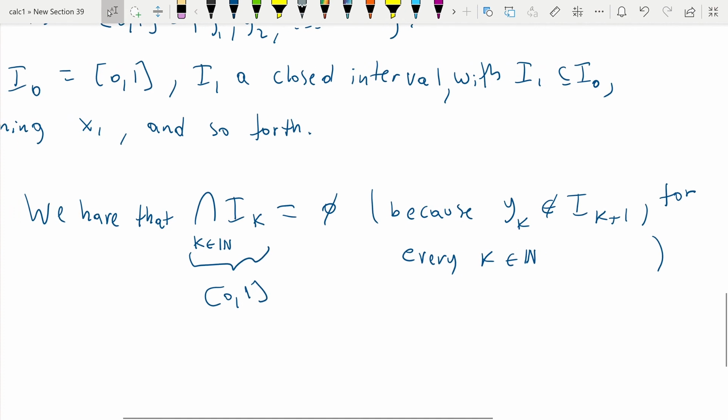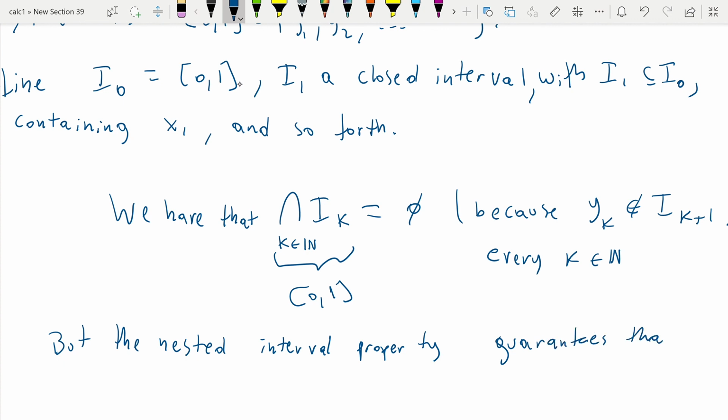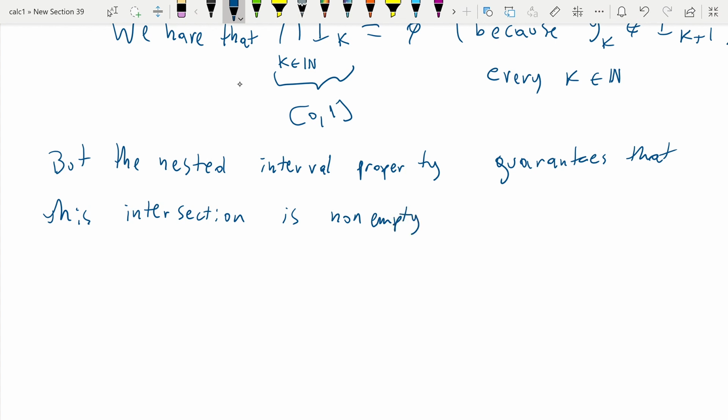Well, the nested interval property guarantees that this intersection is non-empty.